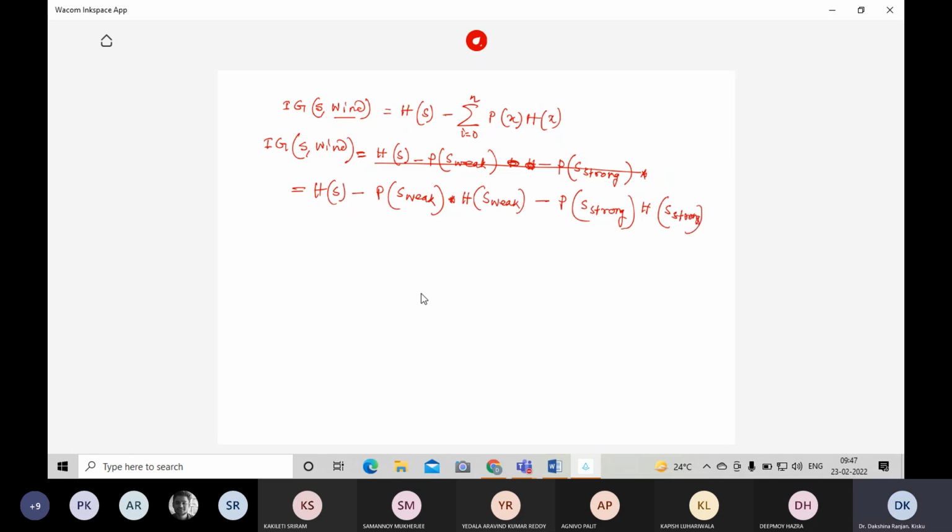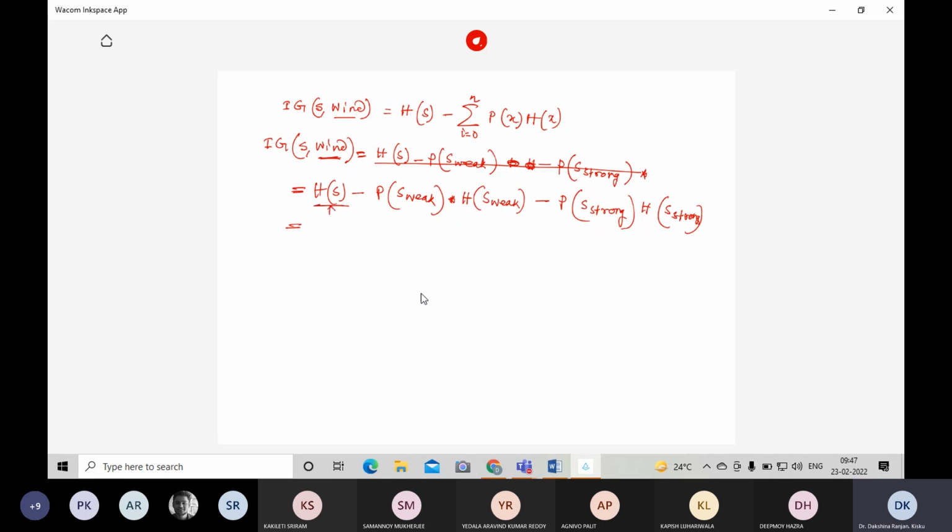Okay, so this is the final derivation for the information gain which is computed for the data set with respect to the attribute wind. So this H of X is known.